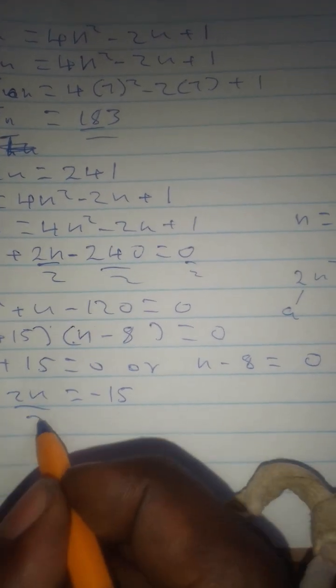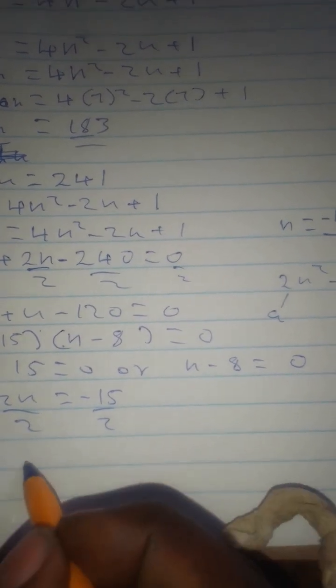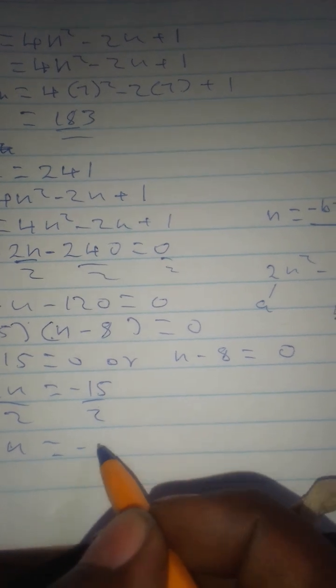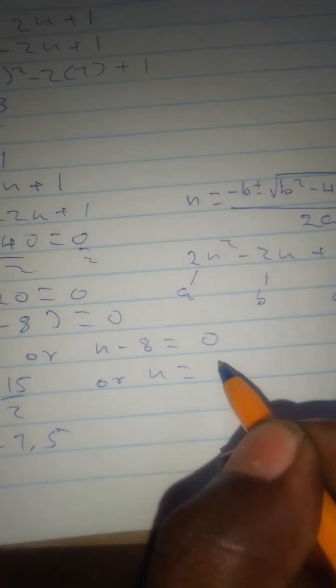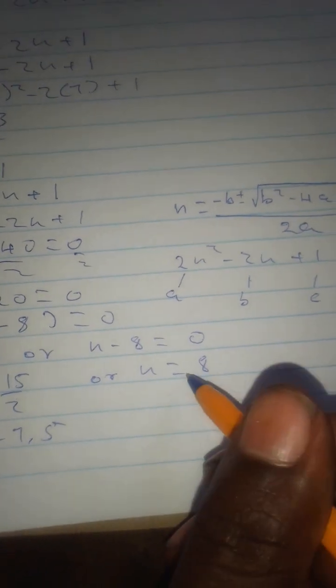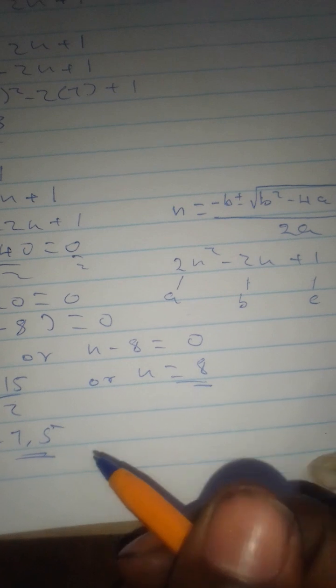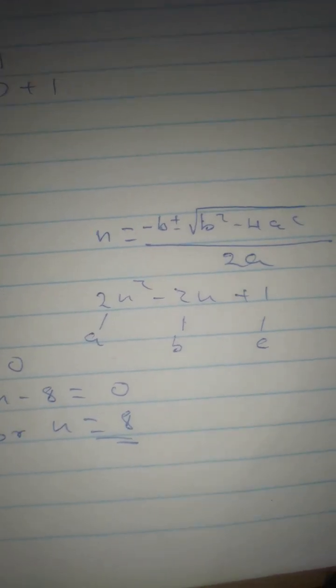Then we divide by 2, n is equal to negative 7.5, or n is equal to 8. Then we are done here. You get all the marks. If you can't factor what is common, make sure that you use this formula.